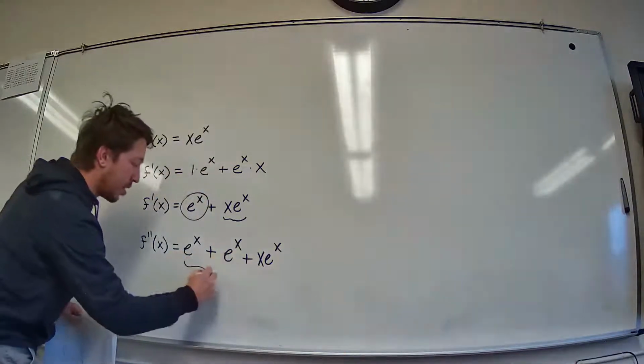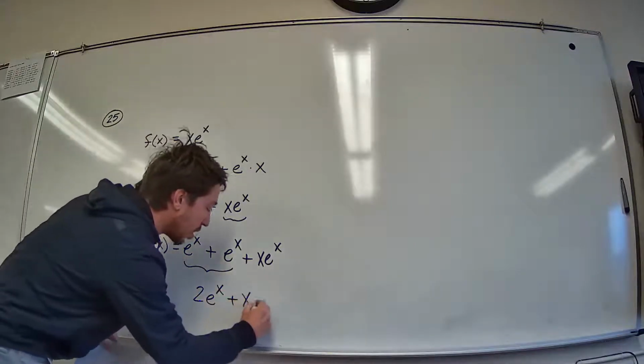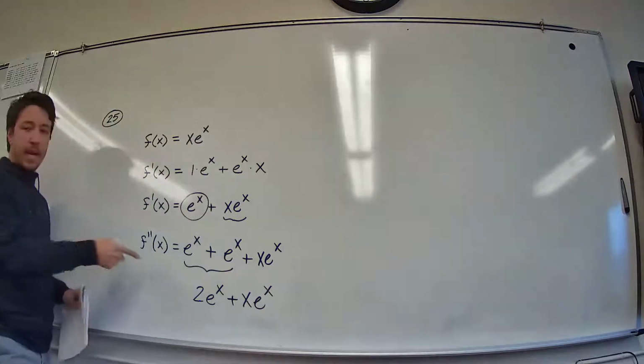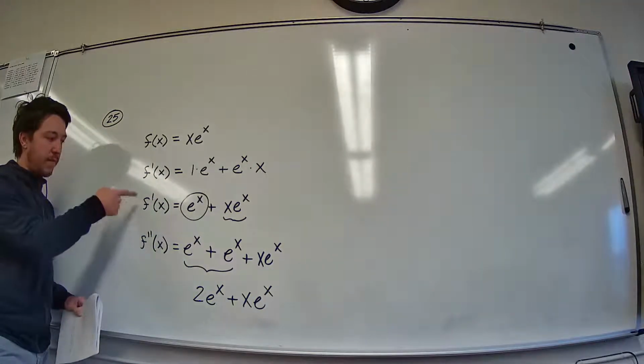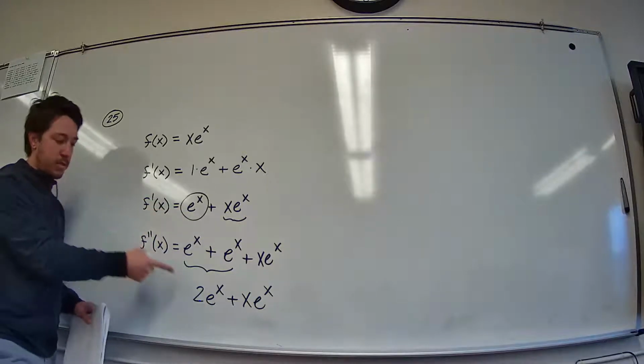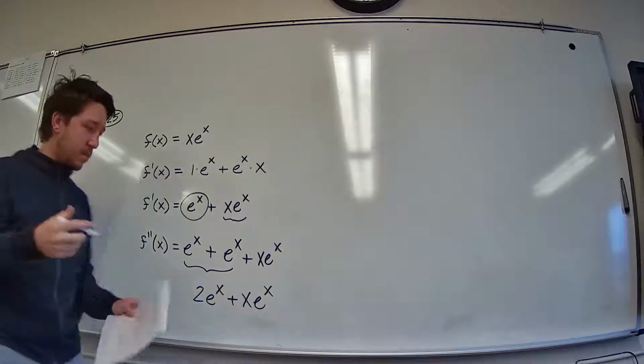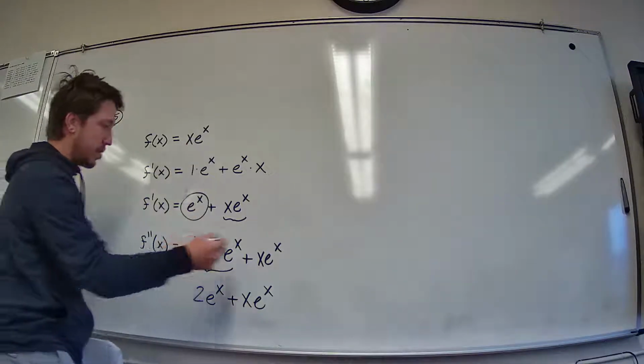And those are 2e to the x. So that confirms it: the first derivative has a single e to the x added on. The second derivative has 2e to the x's added on. Therefore, this is a pretty good argument.